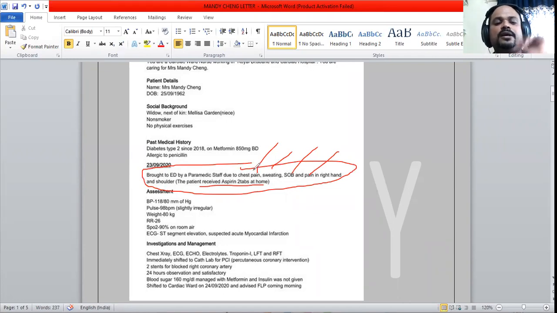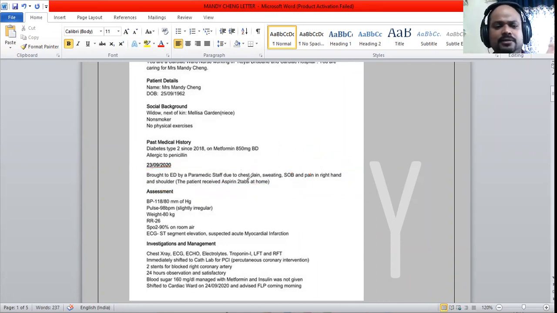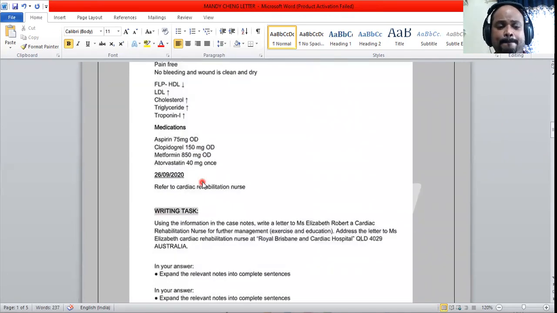The chest pain was there, sweating was there, but the procedure is over, so we need to brief them. You are writing to a cardiac rehabilitation nurse, and she is concerned with the exercise and the education. These things are not that relevant to that person here. So I have done that.